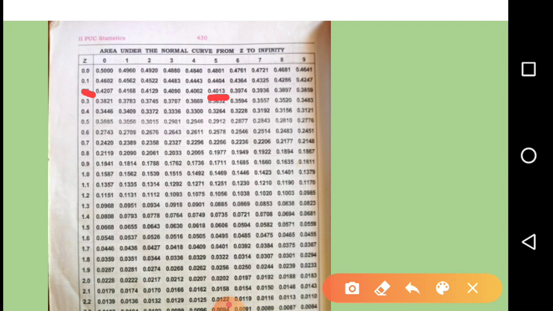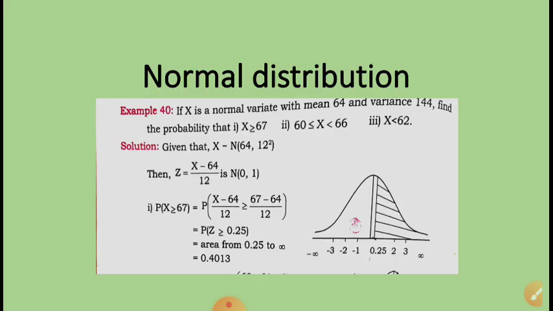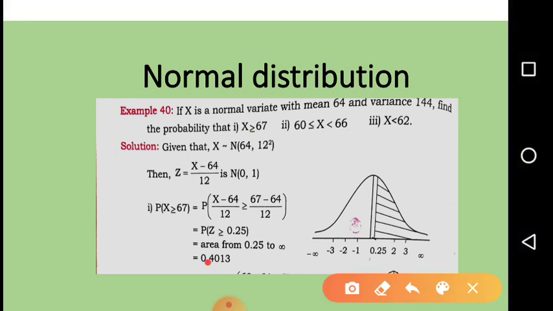So 0.40. The answer is what you have got there, 0.25, isn't it? So 0.2 you will see here, then 5. So answer here is 0.4013. That you are going to write here, students. Yes, the answer came here. Okay, so here you got the answer.